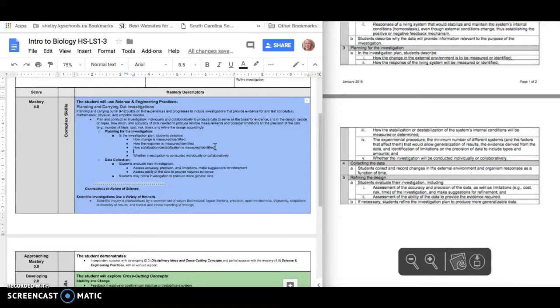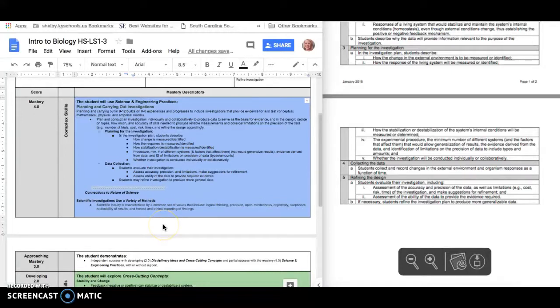Experimental procedure, minimum numbers of different systems that would generalize results, evidence derived from data. I would perhaps say, okay, that took me a second.